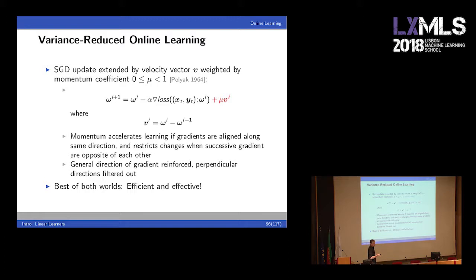One of the simplest ideas, already invented in the 1960s, is to use a momentum term. If this here is what we had before, just stochastic gradient descent, where we go in the negative direction of our gradient, what we do now is add a velocity term, which is just the difference of the weight vectors from the step we look at the moment and the step before.